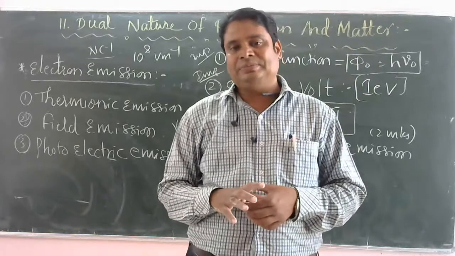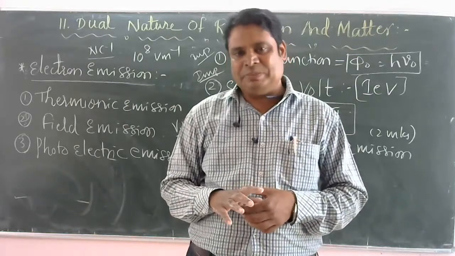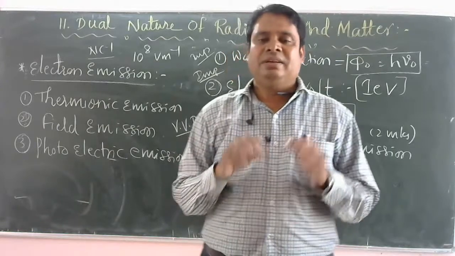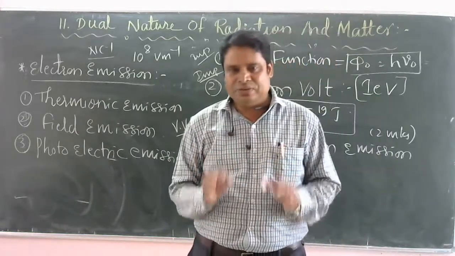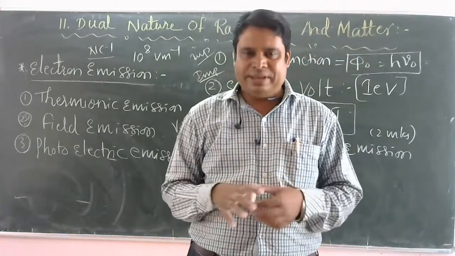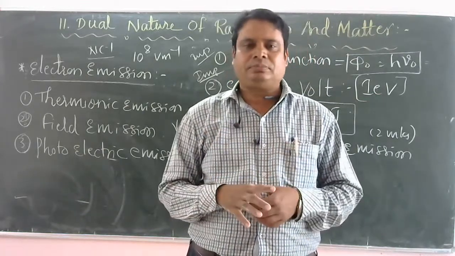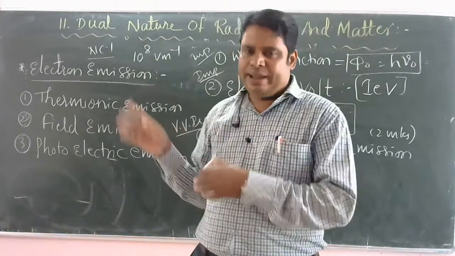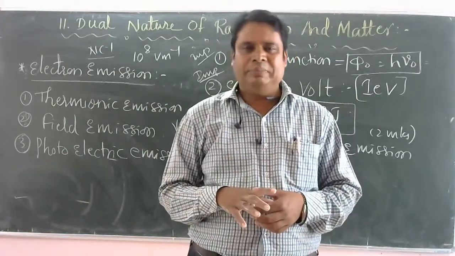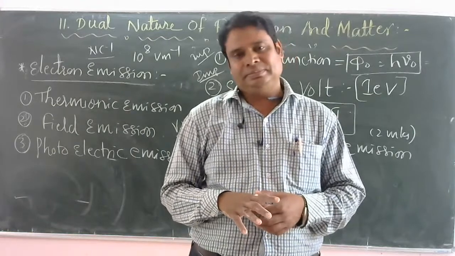This process is called field emission. Field emission is a process of emission of electrons from a metal surface by applying a very high electric field of order 10 raised to 8 volt meter raised to minus 1.